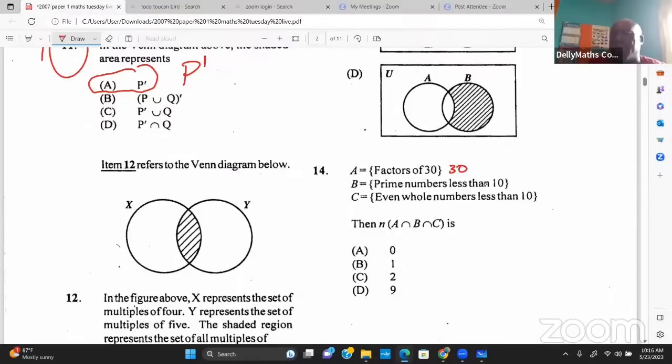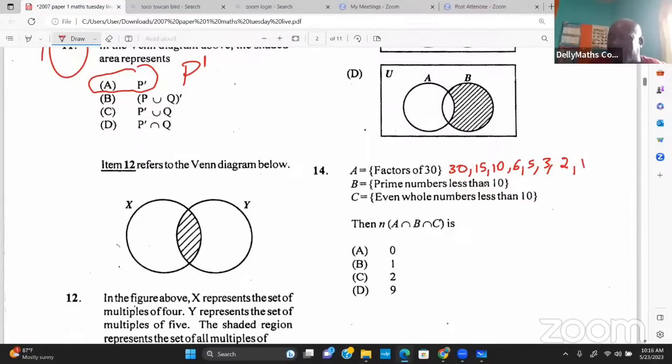Factors of 30 are numbers that could go into 30 without a remainder, like 30, 15, 10, 6, 5, 3, 2, 1. So those are the factors of 30.